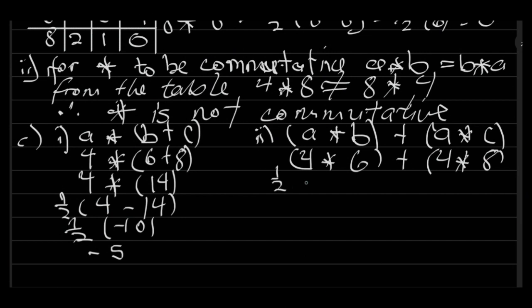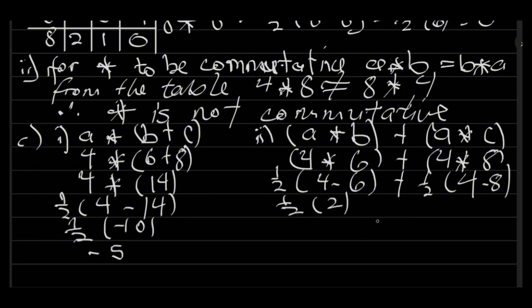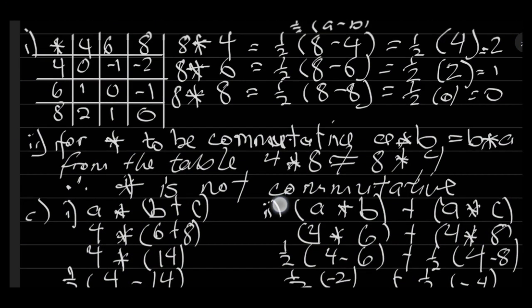So this would give us half of 4 minus 6 plus half of 4 minus 8. This would give us half of negative 2, which is negative 1, plus half of negative 4, which is negative 2. So summing them up, we are going to have negative 3.